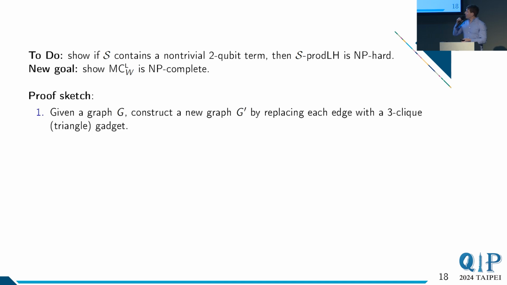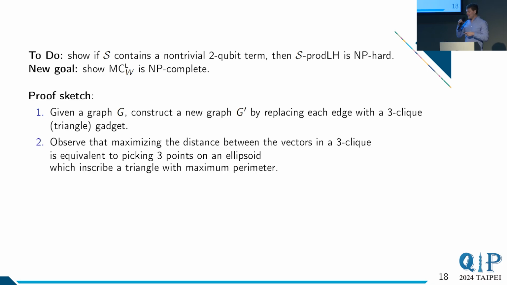And using that intuition, what we end up doing is, given a graph, we're going to construct a new graph by replacing every edge with a 3-clique, a triangle. And we're going to think about that triangle in this geometric picture.